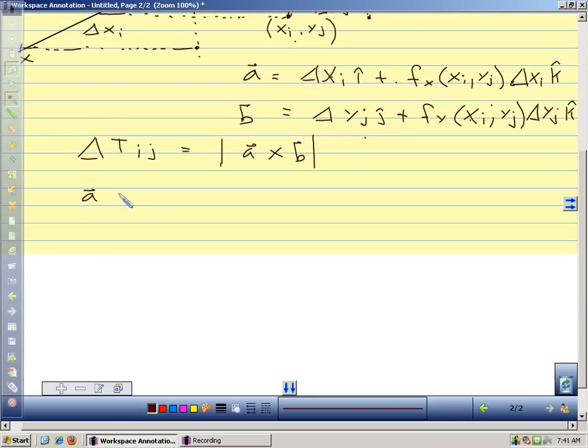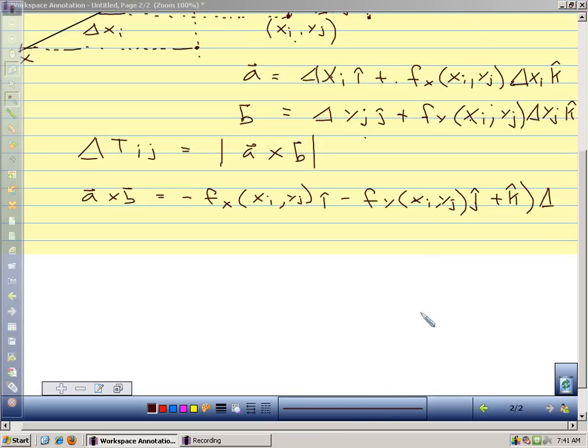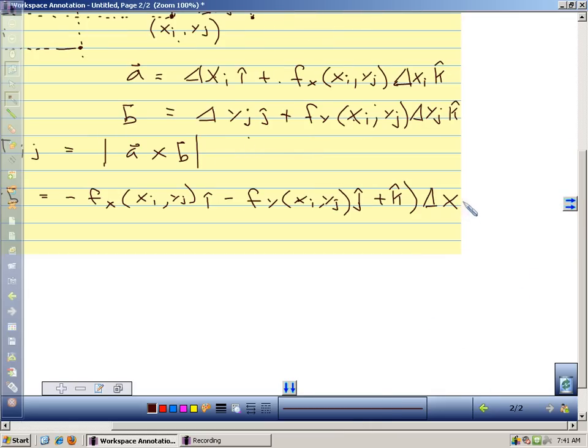A cross B is minus f sub x at x sub i, y sub j, times i, minus f sub y at x sub i, y sub j, times j, plus k, and this is all times delta x sub i delta y sub j.